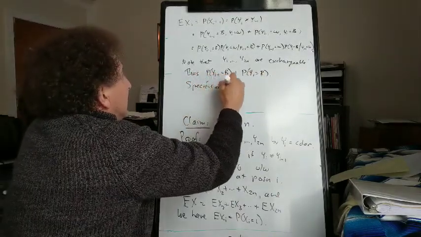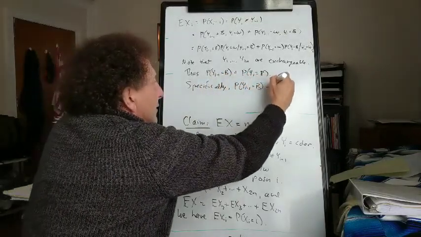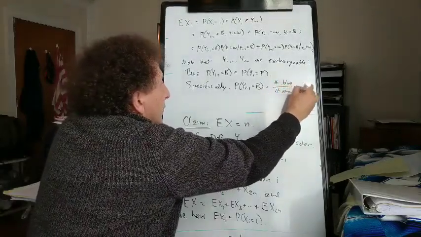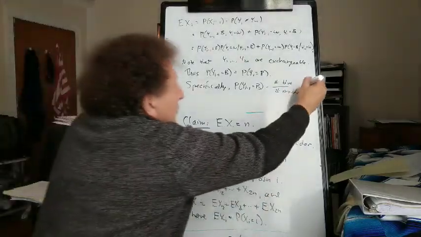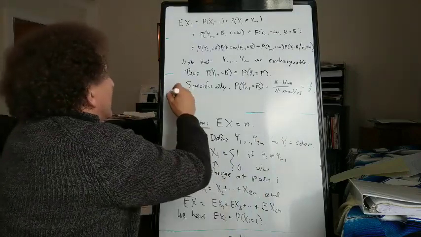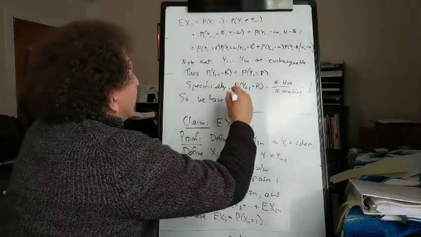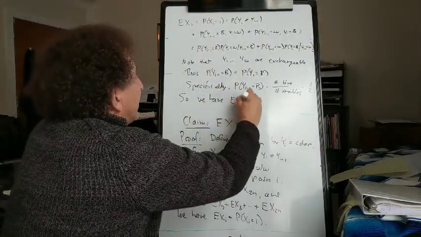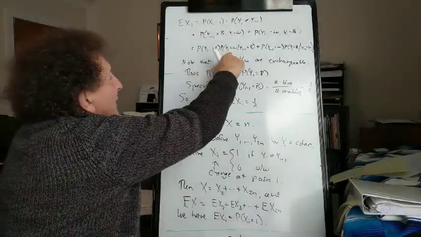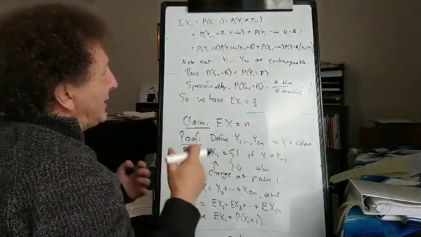So specifically, the probability that yi minus 1 equals blue is the number blue over the number of marbles, which is n over 2n, which is just 1/2. Now what's the probability that we see a white given that we just saw a blue? So we just saw a blue means we're taking one blue out of consideration.